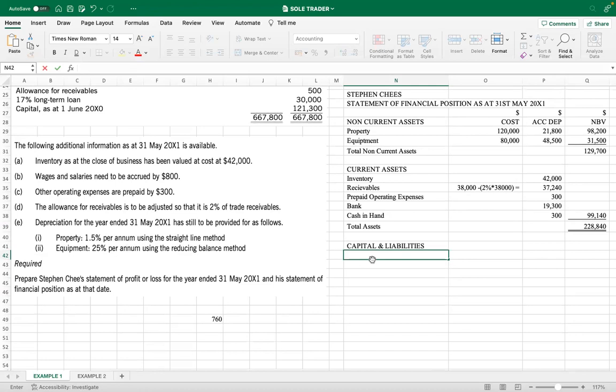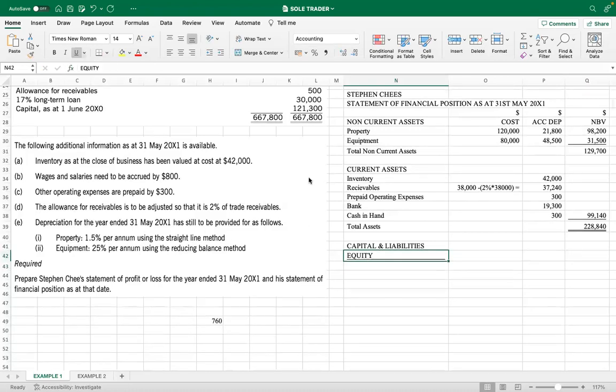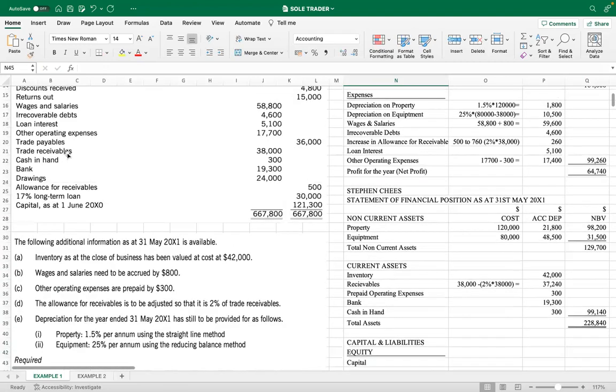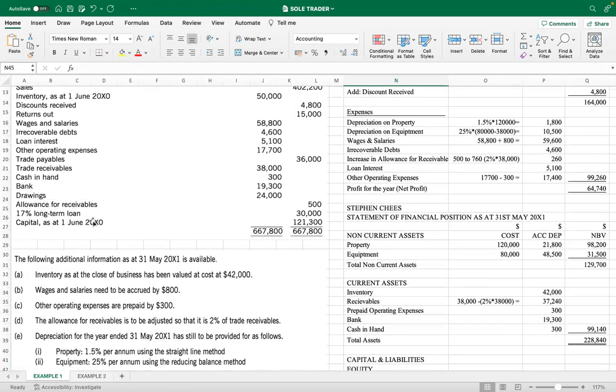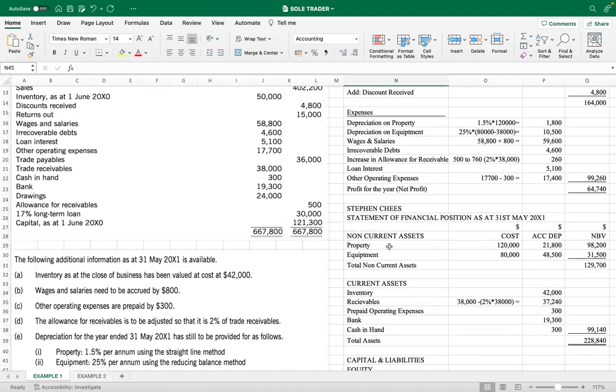Equity is the residual interest in the assets of the business after deducting liabilities. So our equity includes capital. And capital at the beginning of the year was 121,300.